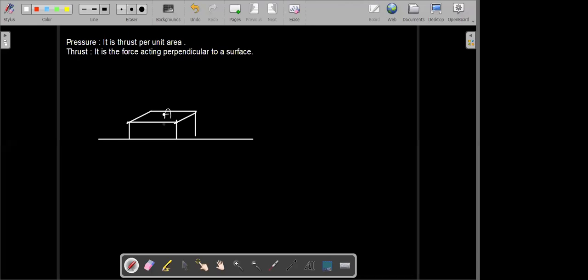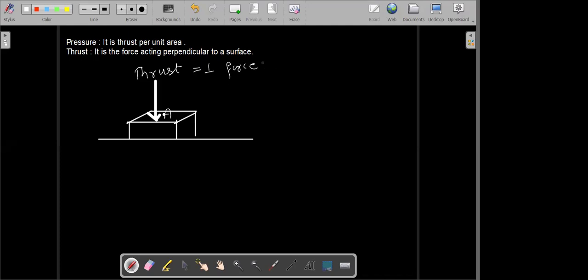Now if I apply some force vertically downward, so on how much area am I applying that force? So I have to look for the force that acts perpendicular to the surface. This we call as the thrust. So thrust is nothing but the perpendicular force.